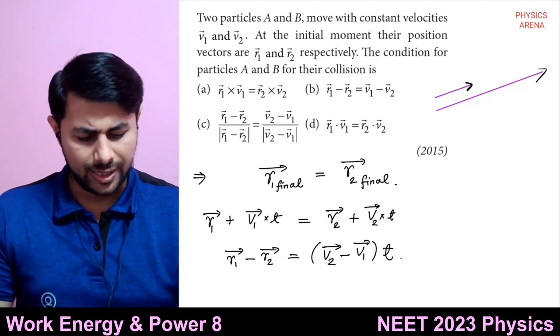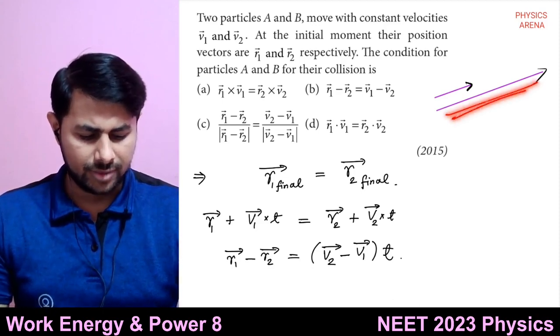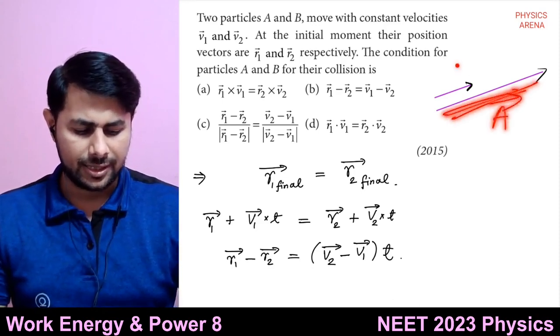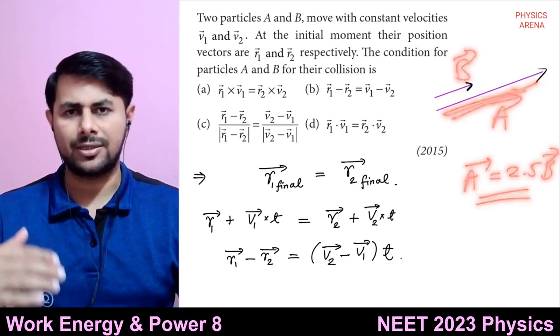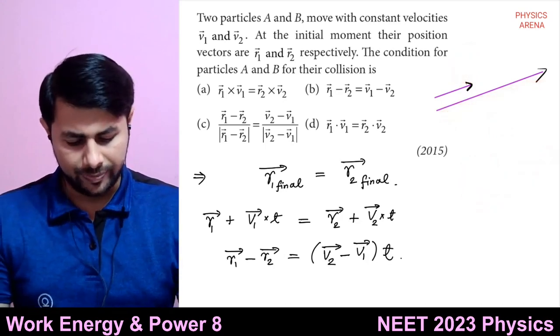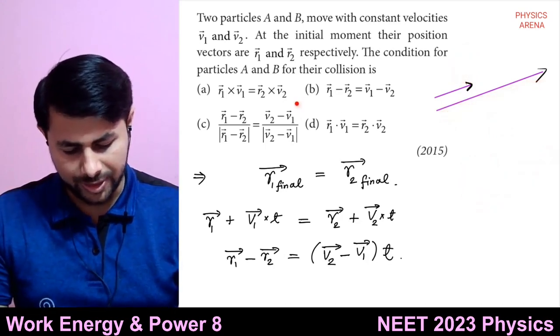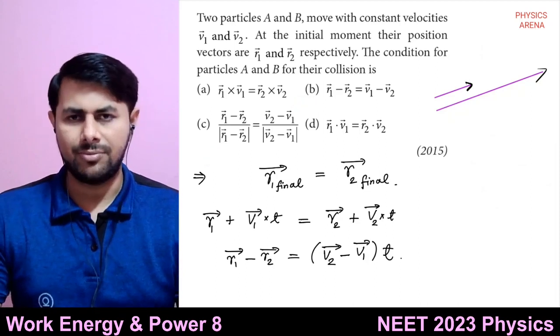Okay, so here I can say this vector, let's call it A and this is B. So A bar is equal to 2.5 times B bar. So that means the two vectors are parallel. Okay, so which of these options is correct? Can you tell me?